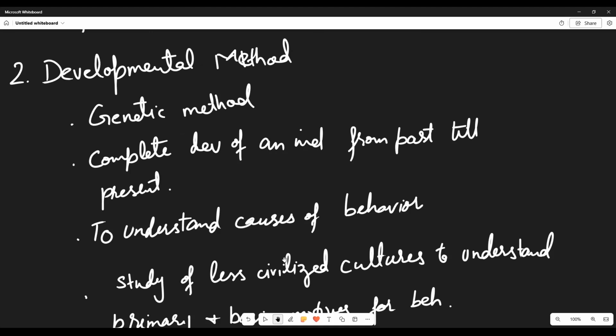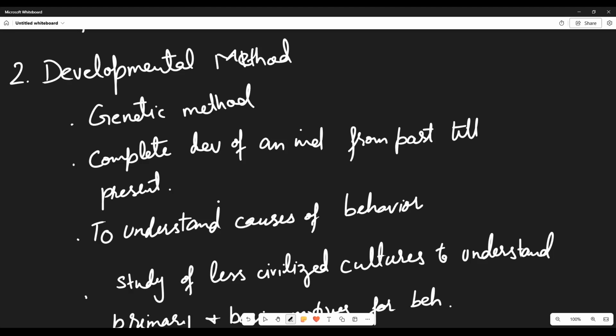The second type of case history method is developmental method. It is also called genetic method. In this method, we study the complete development of an individual from his past till present. All the gradual changes are recorded.